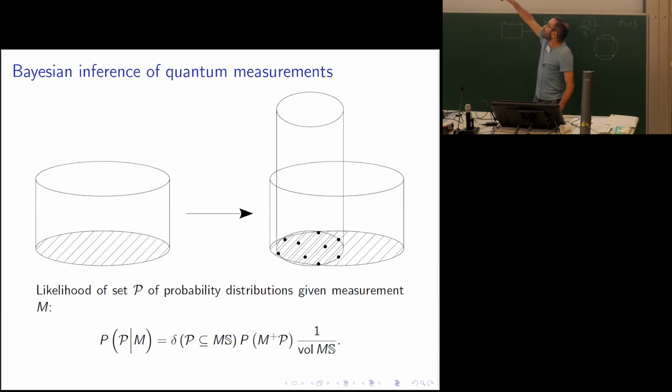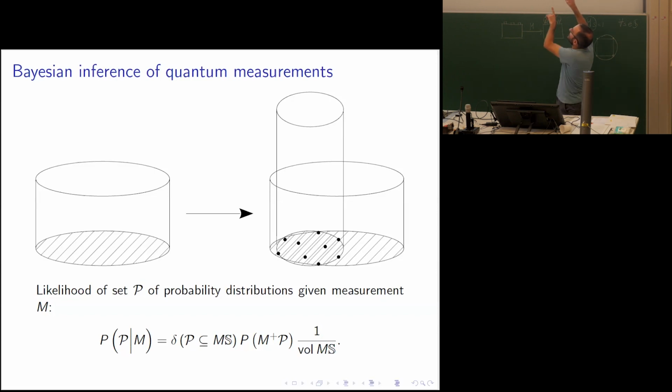I've drawn a unit, uniform density function on it, so we are assuming that the states are uniformly selected. We have a measurement, and that arrow represents a measurement. Like before, the space to the right is the space of probabilities. Those dots are probability distributions, one for each state that was fed into the measurement, and those dots are the observations that we have.